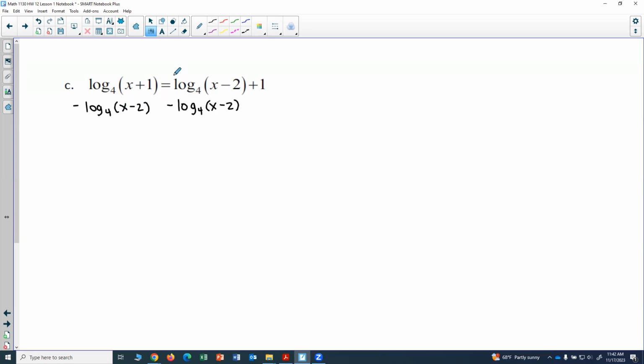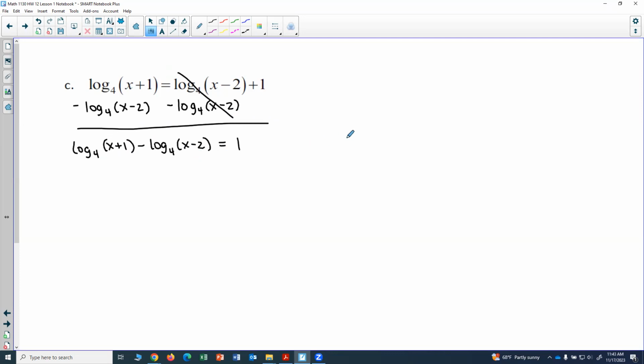All right, so over here on the right side of the equal sign, I'm canceling those out. And so I end up with log base 4 of x plus 1 minus log base 4 of x minus 2 equals 1.